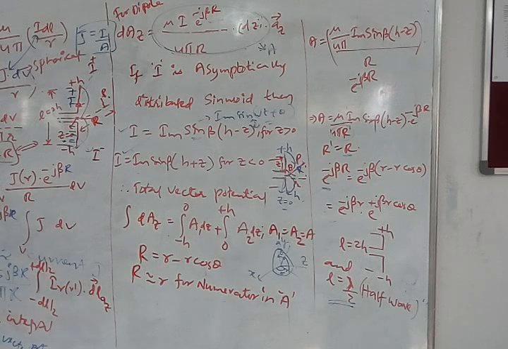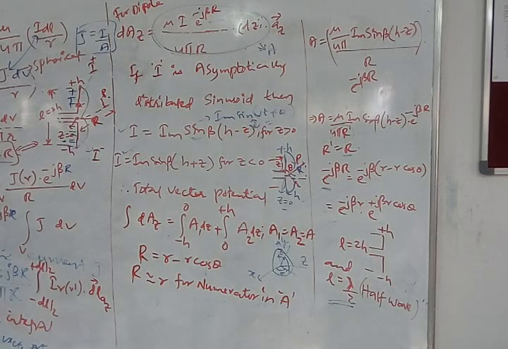To compute that, we consider the spherical coordinate system. We assume that the antenna is placed in the spherical coordinate system, and we have to find the distance r. We found it is equal to R minus r cos theta. For a very long distance, r cos theta is taken as equal to 0, and therefore for the denominator part we approximate r as R, but for the numerator part it remains R minus r cos theta.